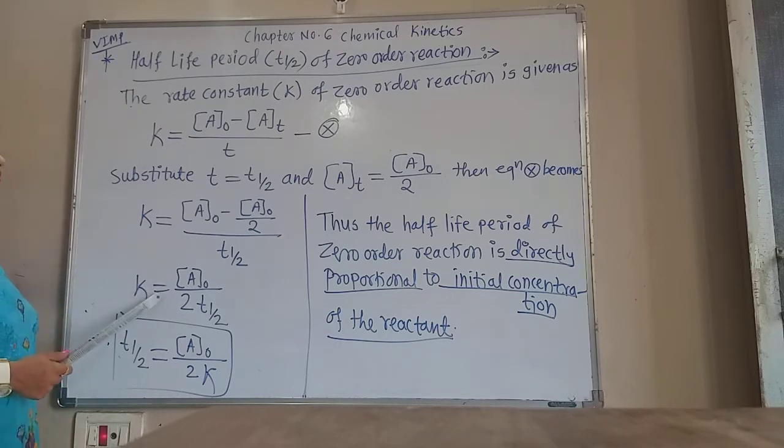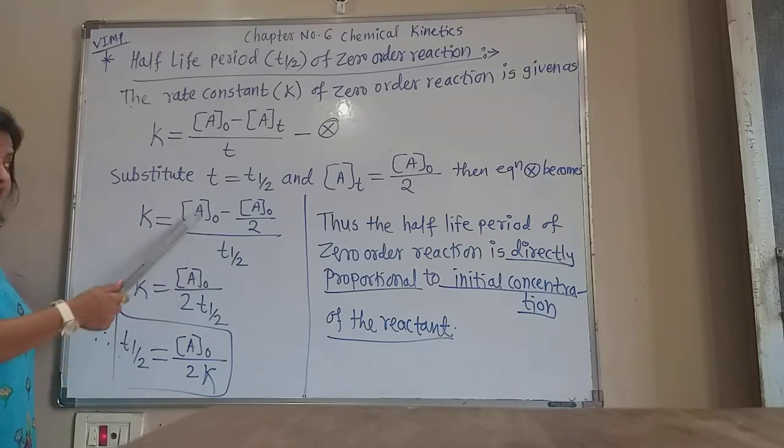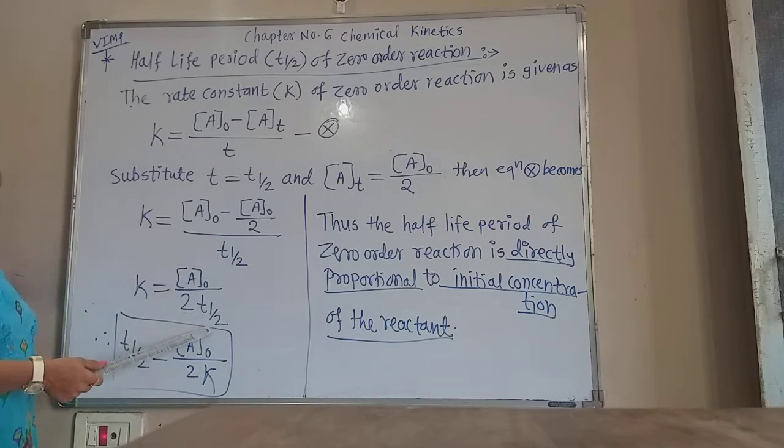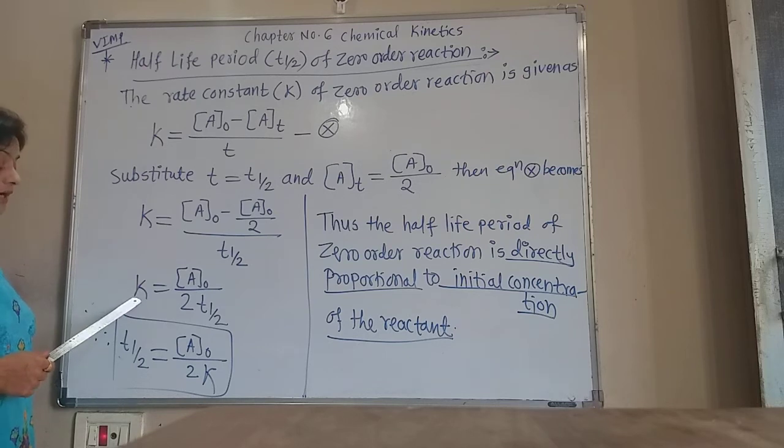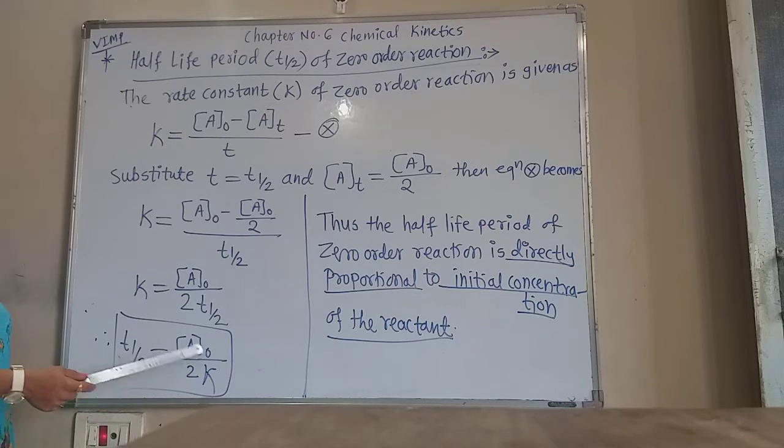So K is equal to A0 divided by 2, which is remaining on subtraction, divided by T half. So this is the formula of rate constant, but we have to calculate here the half-life period. So T half is equal to A0 divided by twice K.